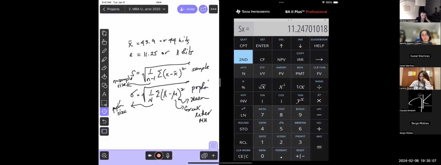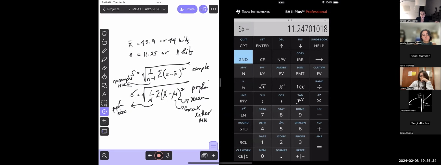So what's the difference between these two measures? Which one is bigger if I use the same data? The calculator doesn't know if we entered a sample or population data. That's why it gives you both. You have to pick.